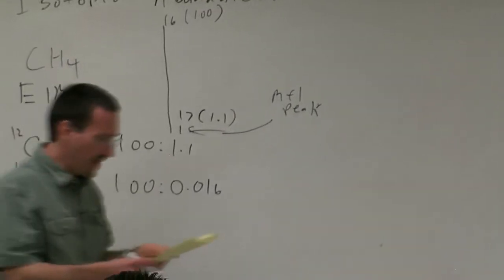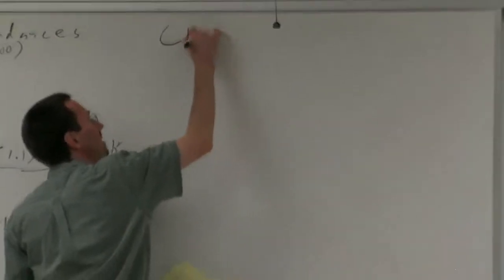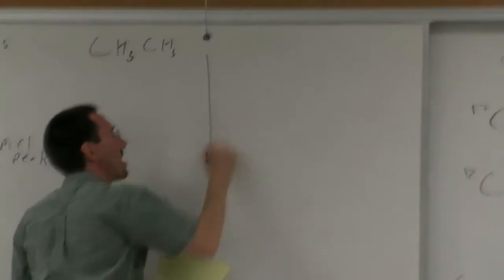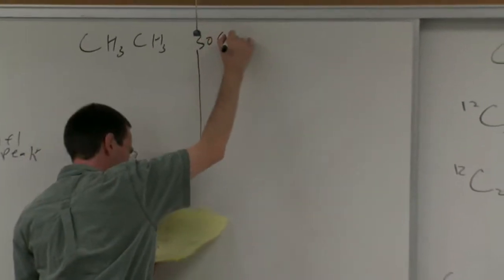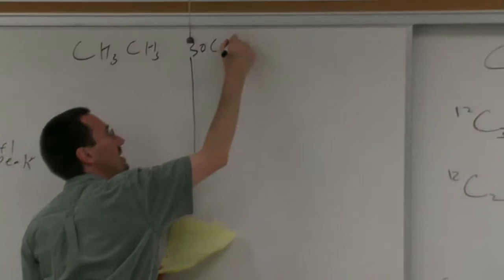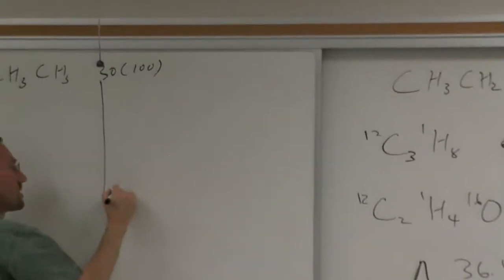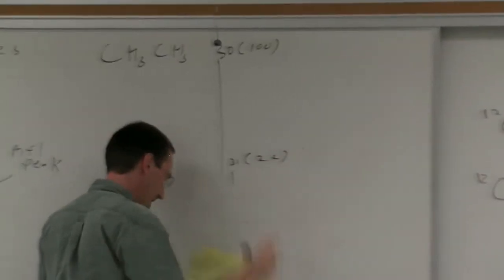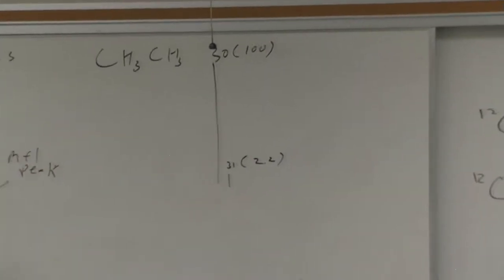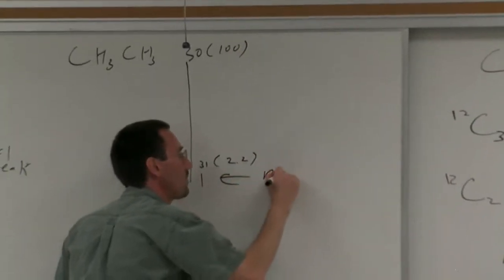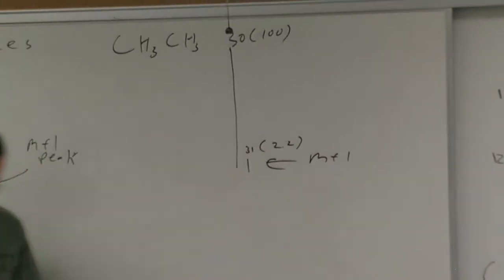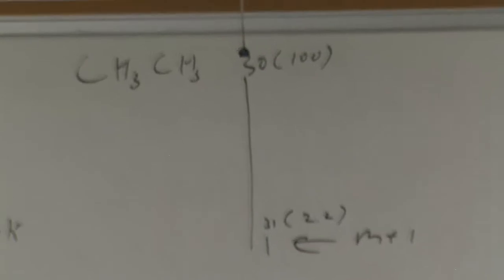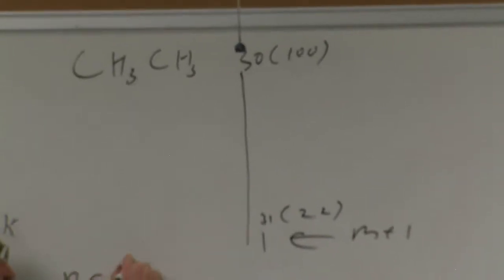So let's, by comparison, look at ethane, CH3, CH3. So now you see a peak at 30, and that peak's relative intensity is 100. And you see a peak at 31, and its relative intensity is 2.2. So that's your M plus 1 peak. And your M plus 1 peak then has a probability of 1 C13.